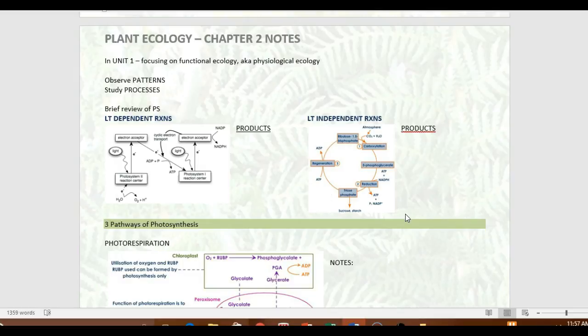So then the electrons that are traveling along this Z scheme come to rest in a photosystem here. They get hit with more light energy, get excited back up to a membrane-bound acceptor, and in the process of running from higher to lower energy status, the energy that's released is used to make NADPH in photosynthesis. So hydrogens and electrons come to rest in NADP, producing NADPH.